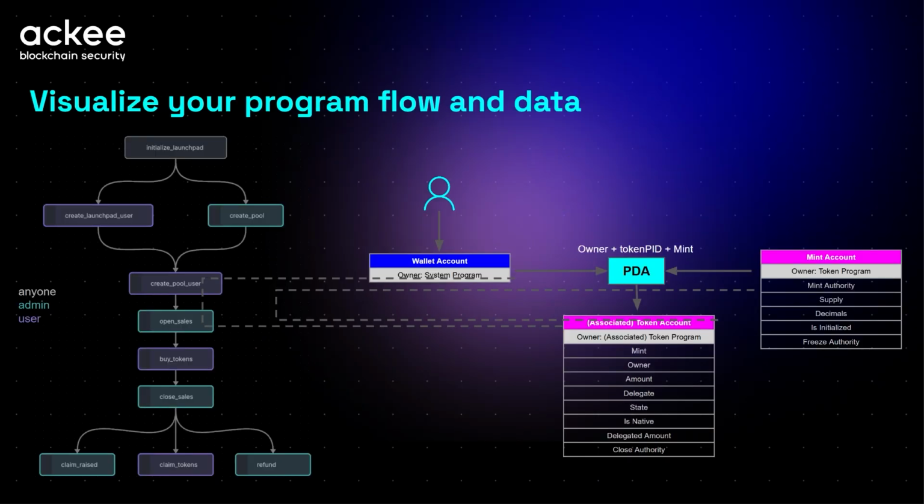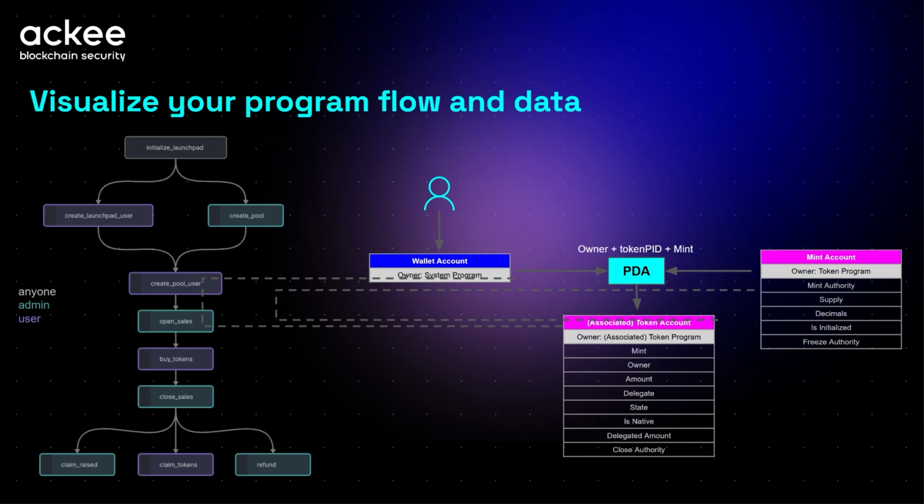The next tip is that you should always visualize your program flow and data flow. You will have a security lecture later on, so you will again see why this is important. But anyway, it is really good practice to visualize your program flow. On the left side, you can see, with some color code, who can invoke the given instruction. For example, you know directly that admin can invoke only these instructions.